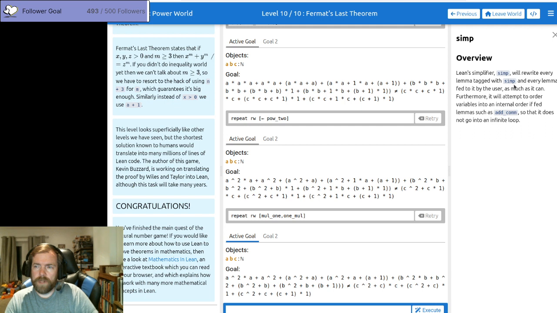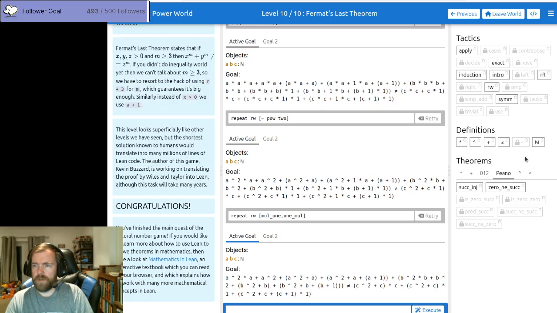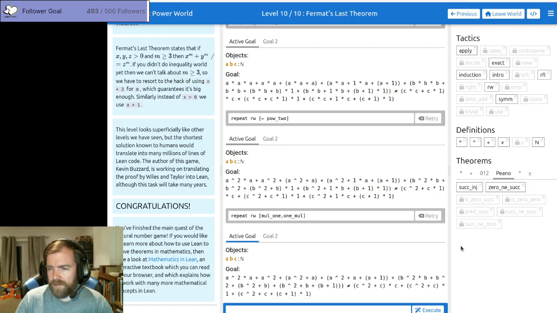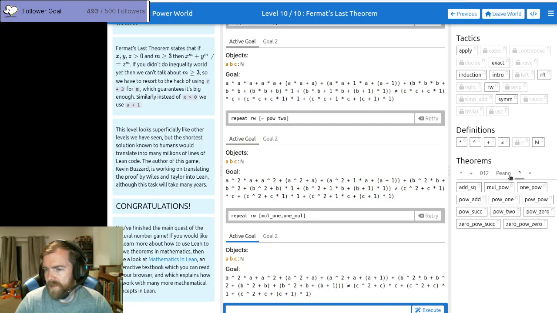Simplify will rewrite every lemma tagged with simp and every lemma fed to it by the user as much as it can. Furthermore, it will attempt to order variables into an internal order if fed lemmas such as add com, so it does not go into an infinite loop. Yeah, infinite loops being a problem. It's just a lack of dedication, really.